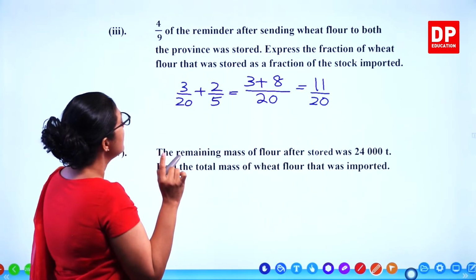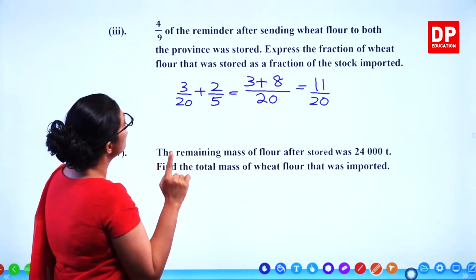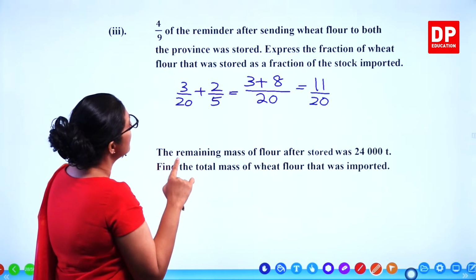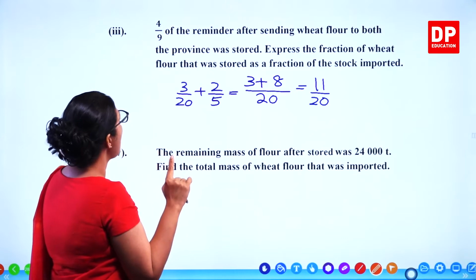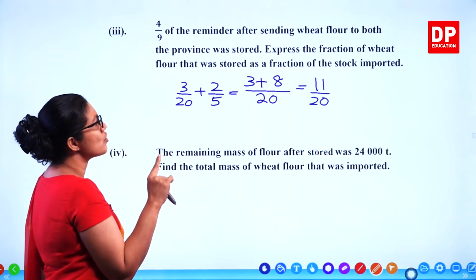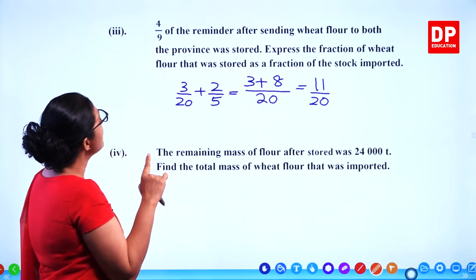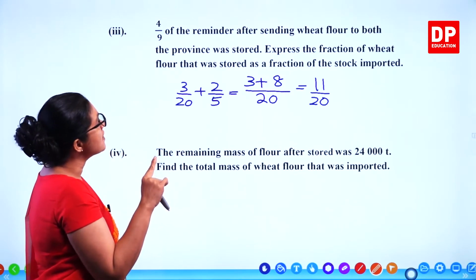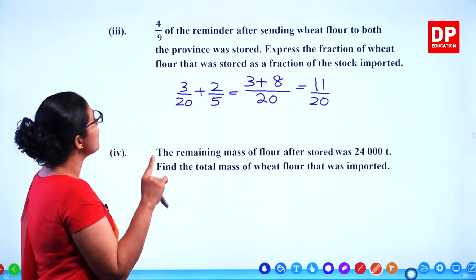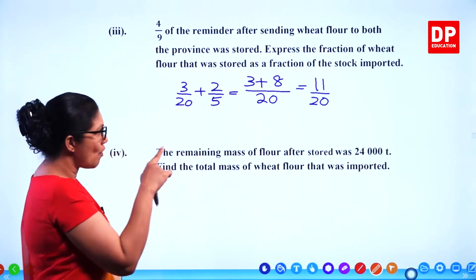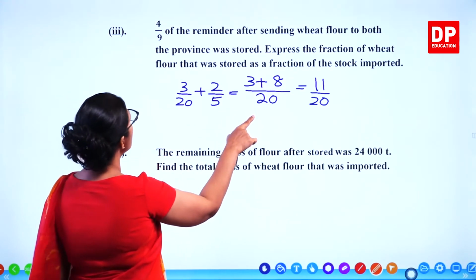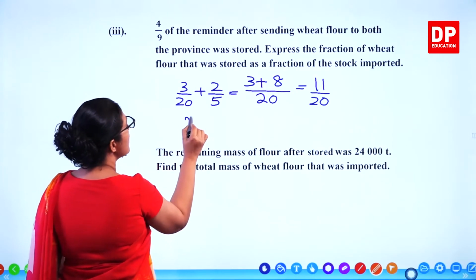Then you are asked to find the fraction of wheat flour that was stored as a fraction of the stock imported. 4/9 of the remainder after sending wheat flour to both provinces was stored. So what is the remainder?